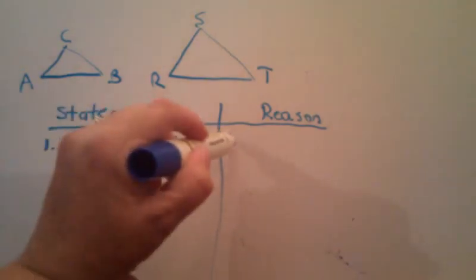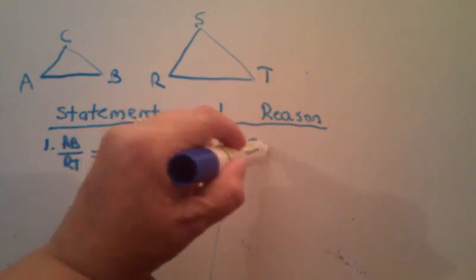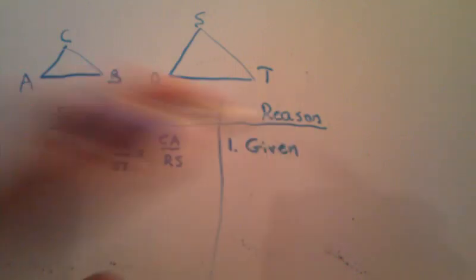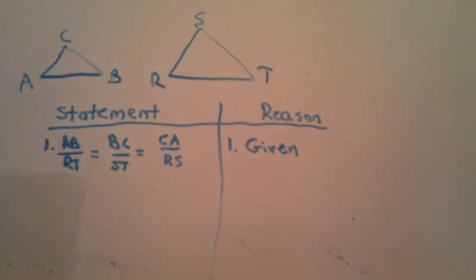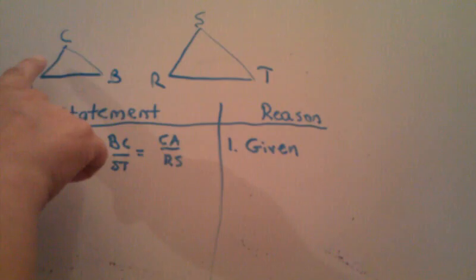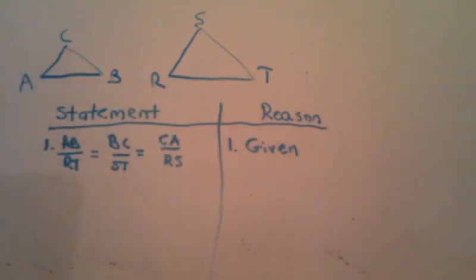We know the first reason is always given. We're trying to prove that triangle ABC is similar to triangle RTS.